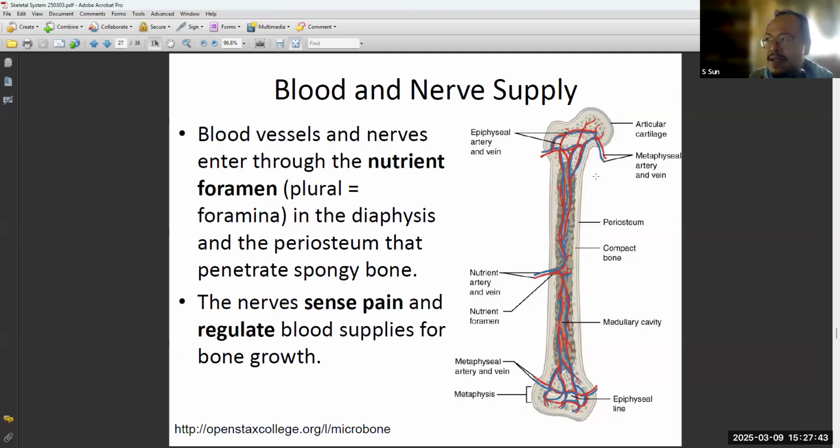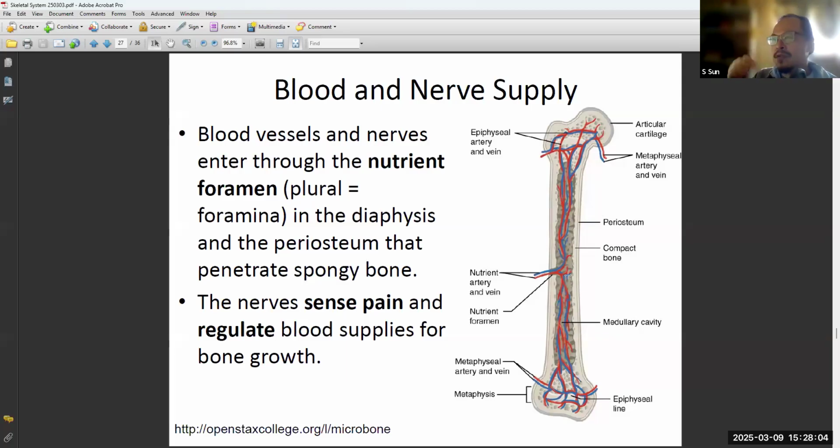Those sensory nerves are also present in the bone. And these sensory nerves are particularly sensitive to pain. So if there's any injury to the bone, you will be able to sense it because you have sensory nerves distributed throughout your bone to sense pain.